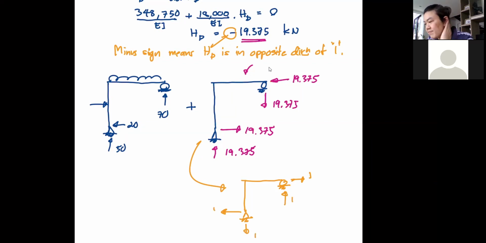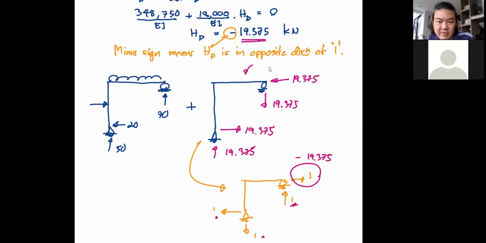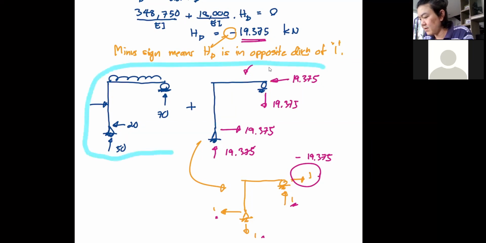So if this becomes minus 19.375, this would become minus 19.375, this would become minus 19.375, this would become minus 19.375. And in the end, the reactions you just sum them up. First case and then this case. And then you can easily get the reaction of the entire structure.